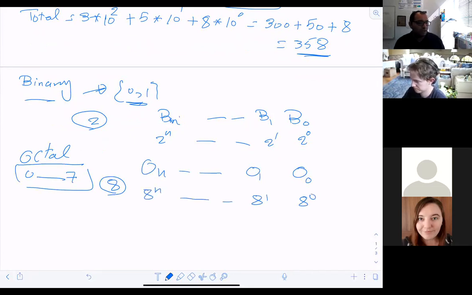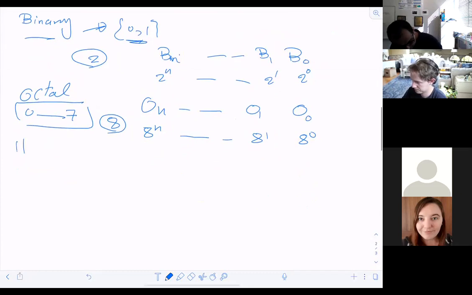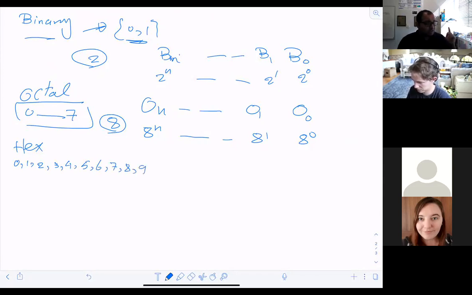Same thing for hexa. Hexa means I have 16 numbers. These numbers are 0, 1, 2, 3, 4, 5, 6, 7, 8, 9. But I'm looking for a single digit, and 10 would be 2 digits, so they start using alphabets.